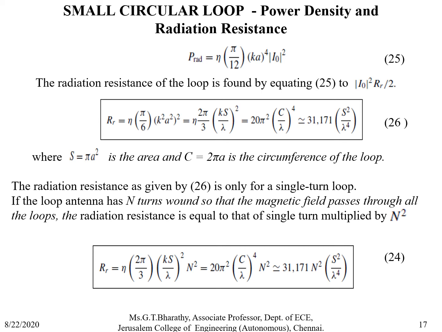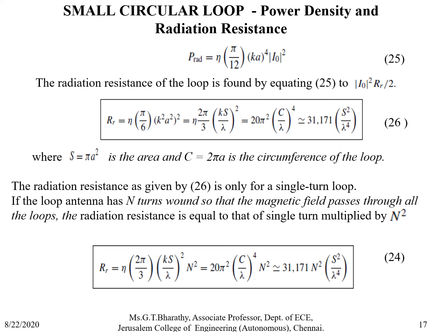The radiation resistance given in equation 26 is only for a single turn loop. As the number of turns increases, we can have increased radiation resistance. If the loop antenna has n number of turns, then the radiation resistance of an n turn circular loop antenna is given by the single turn radiation resistance multiplied by n squared, where n is the number of loops.